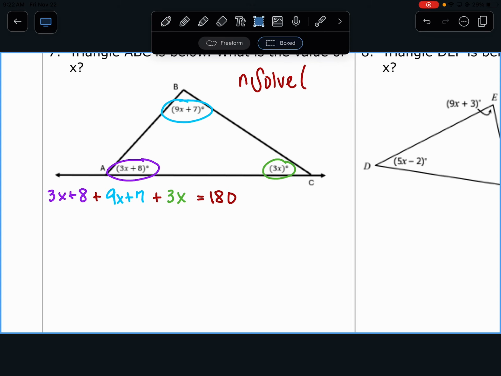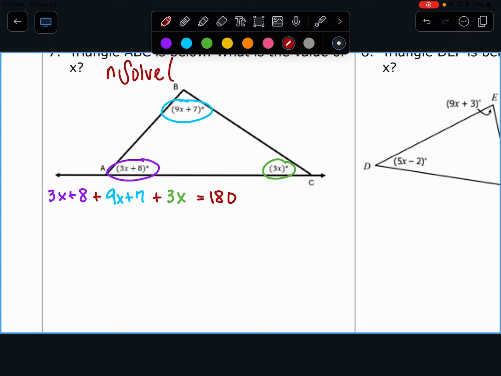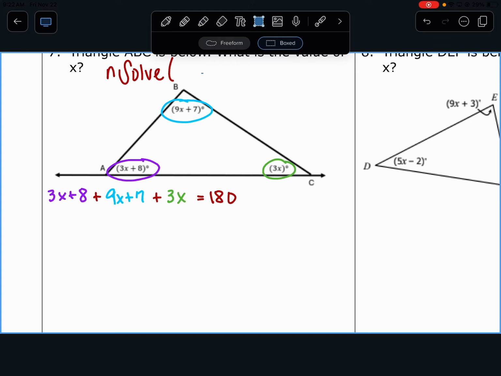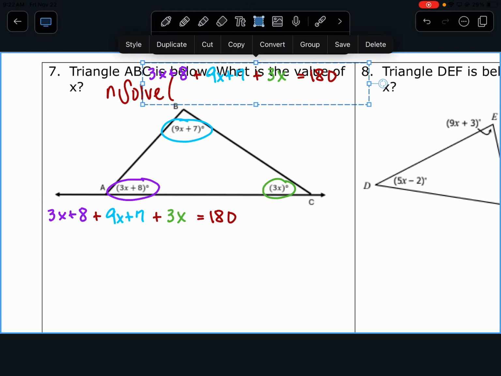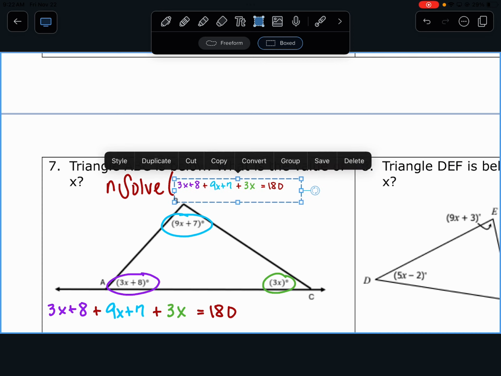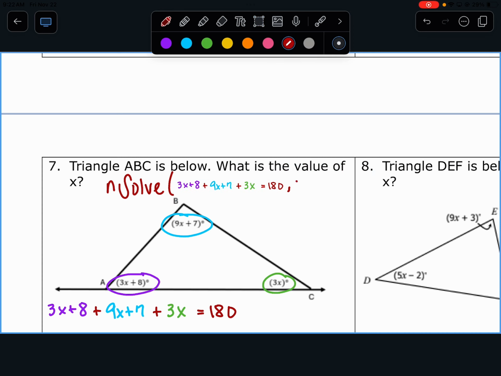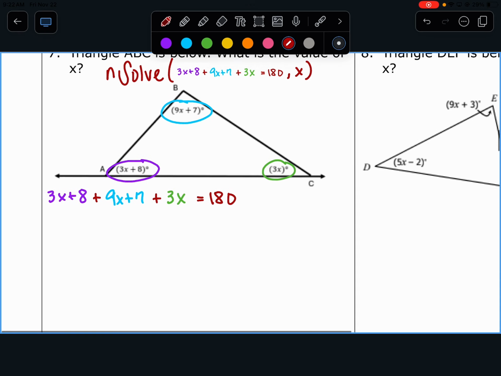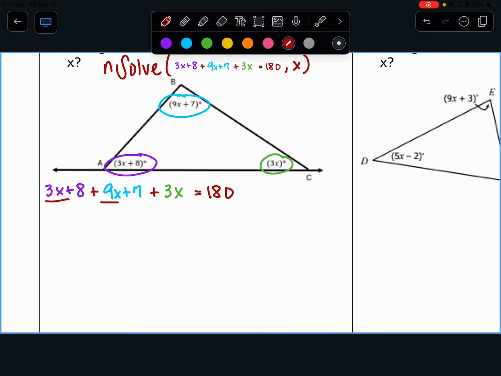Hold on. Okay, so you're going to write the equation. I'm just going to copy paste that and shrink it because that is not going to fit there. Okay, sorry. Put the equation and then comma x when you do solve. Okay, just like that. All right, so we're going to combine these like terms.